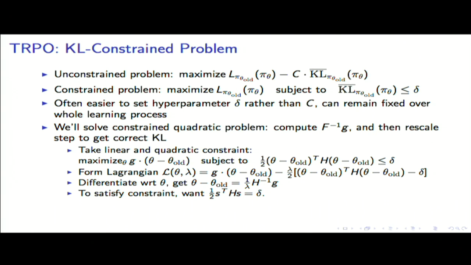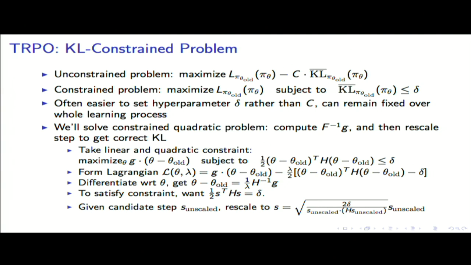To satisfy this constraint, we want this quadratic approximation to the KL to be equal to delta. So we want to scale our steps so that this term has the value delta. You can calculate exactly how much you should scale it, and it turns out to be this expression here.